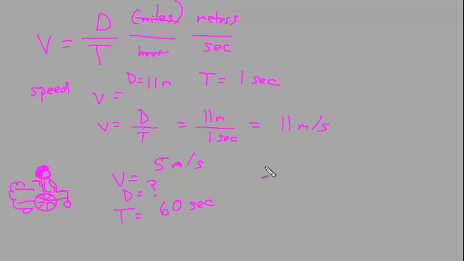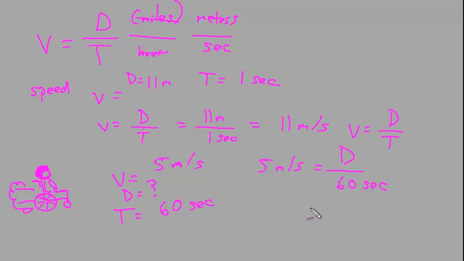Okay? So if we start our equation and we plug in what we have, let's write the equation first off. So velocity is equal to distance divided by time. Our velocity is 5 meters per second. And that's going to be equal to some distance divided by the time. Remember, down here, the time is 60 seconds.